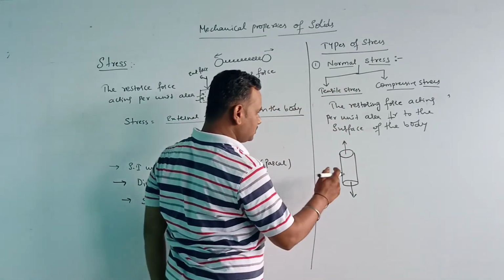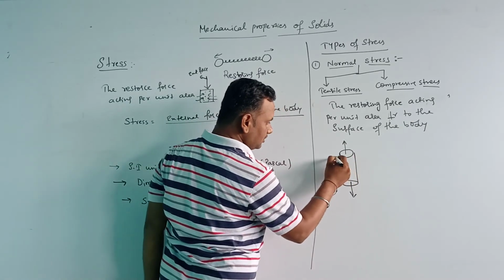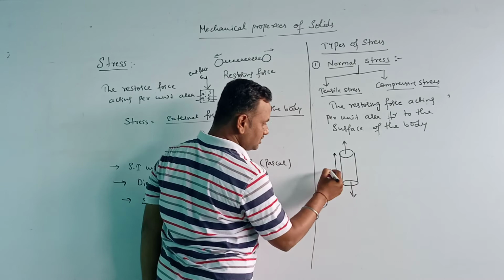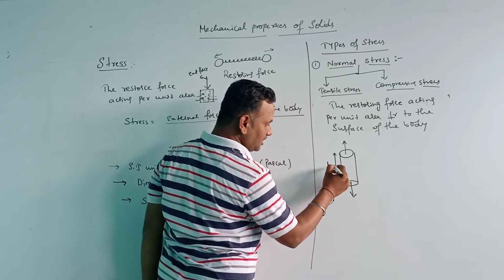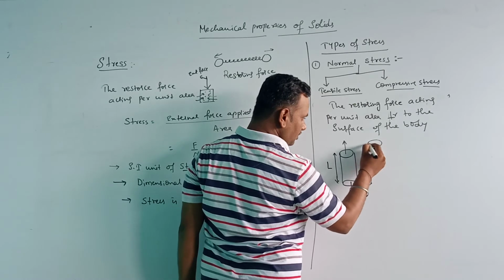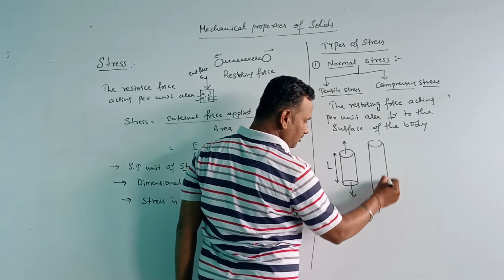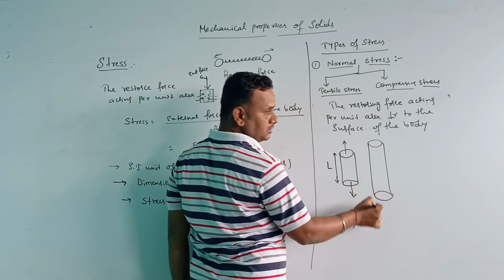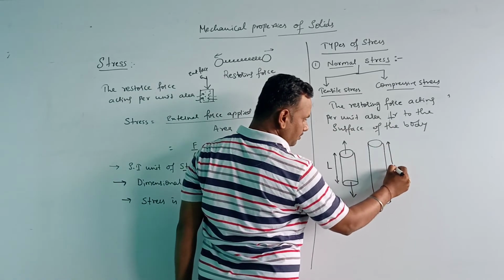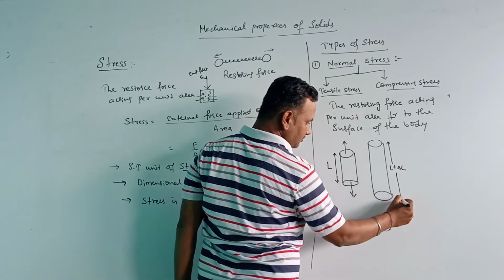Suppose the original length of this cylindrical body is L. After stretching, there will be an increase in the length, so it becomes L plus delta L.